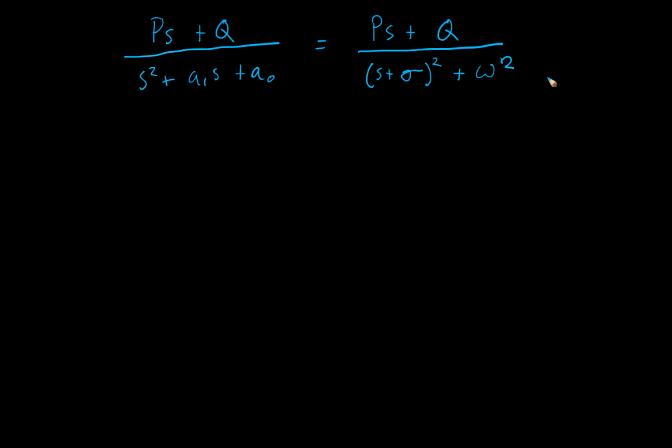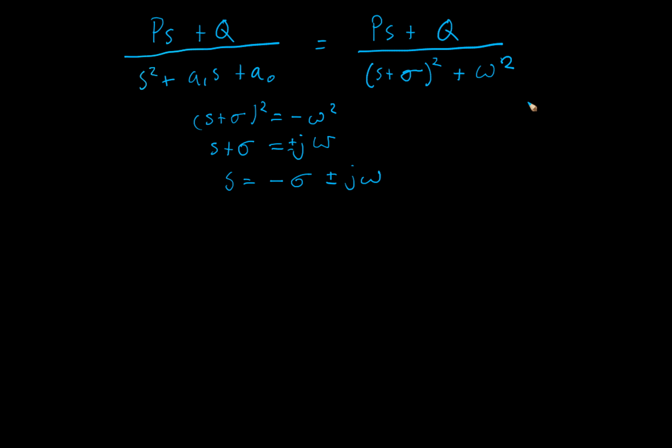So the poles are the values of S for which this denominator equals 0. So that's going to be when S plus sigma all squared equals minus omega squared. And so that means that S plus sigma equals, taking the square root of both sides, the square root of minus 1 is j, plus or minus j times omega, or in other words, when S equals minus sigma plus or minus j omega.